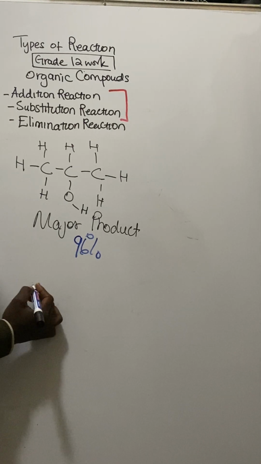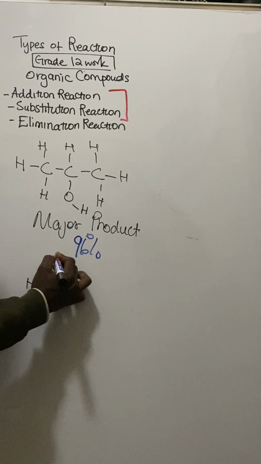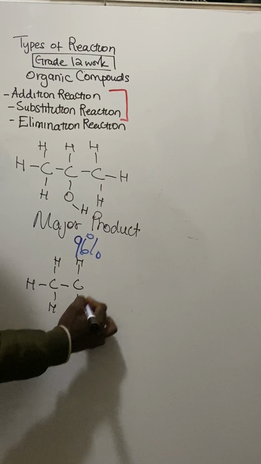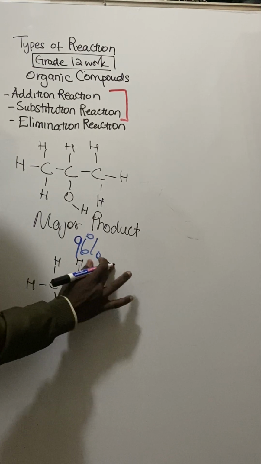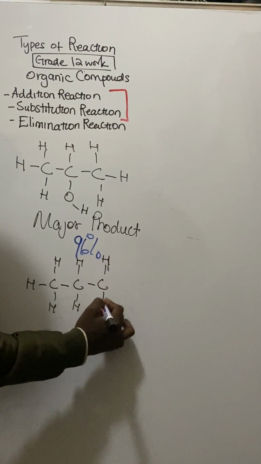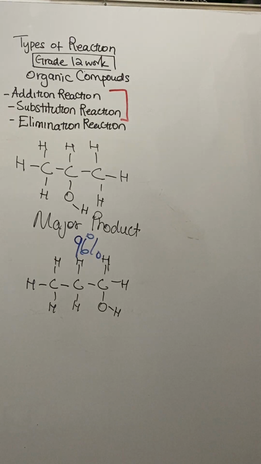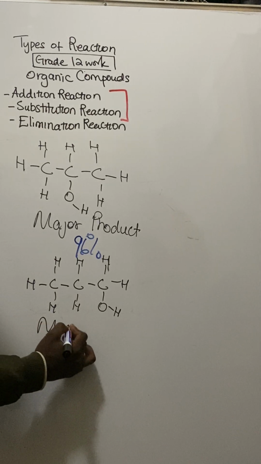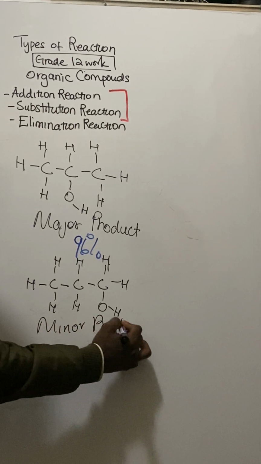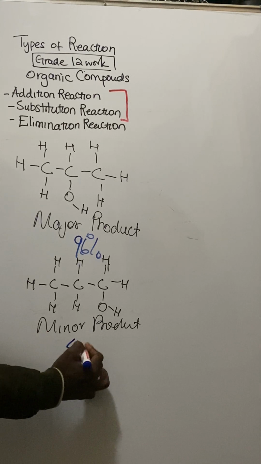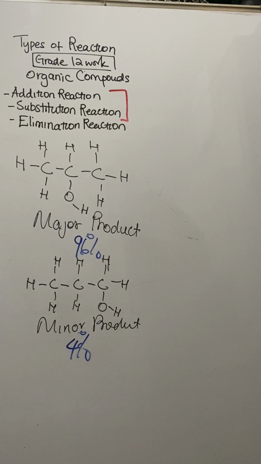Another product will be H, C, H, H, C, H, H, then C, H, O, H, then H. So this one will be regarded as the minor product. What does this mean when we say this is a minor product? Meaning out of 100% of the product that will be made, maybe 4% of the product will be the minor product, adding to 100%.